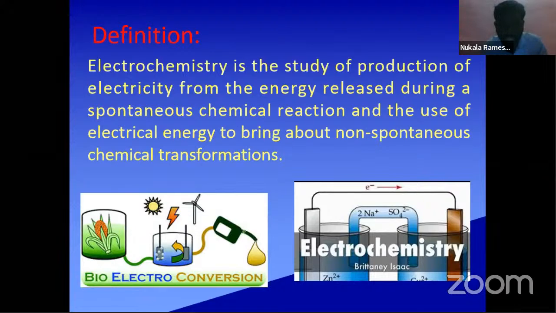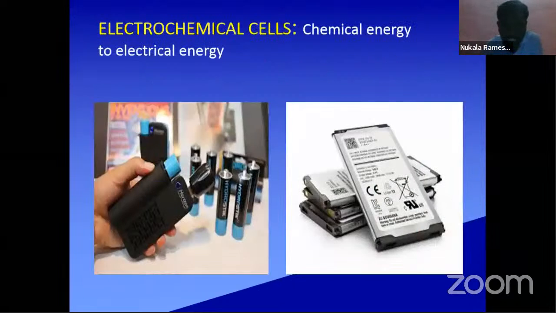Here biofuel is converting, so that is the conversion of chemical energy to electrical energy. This cell and these batteries also indicate the conversion of chemical energy to electrical energy.